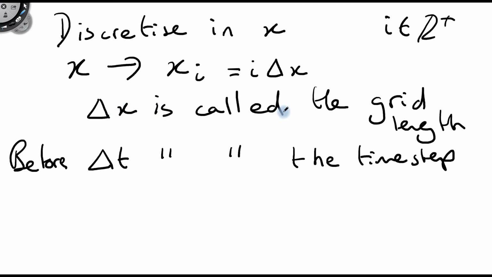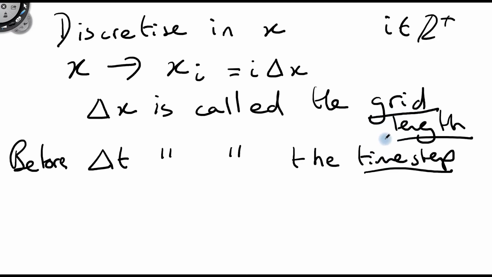But delta x is called the grid length. These bits of nomenclature show you know what you're about with numerics. If someone asks what's a grid length in your method, you can come up with an answer. What's a time step? So get used to using these words.